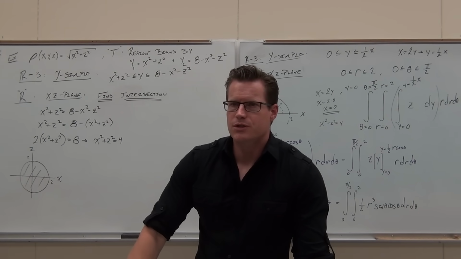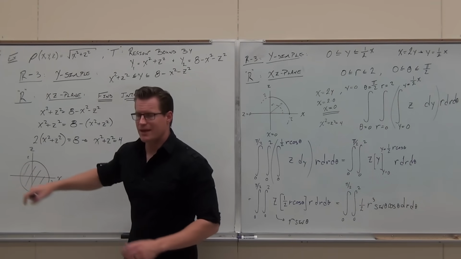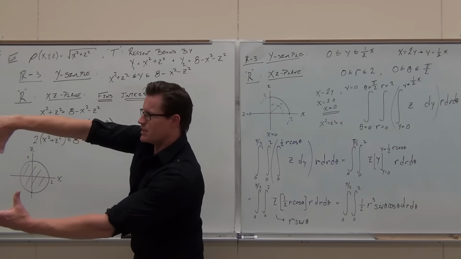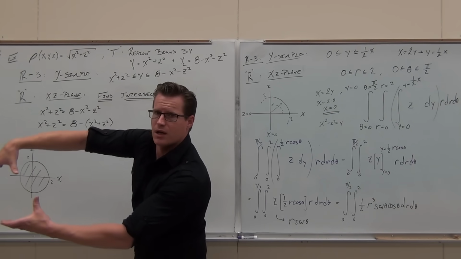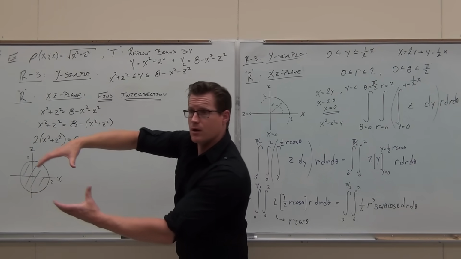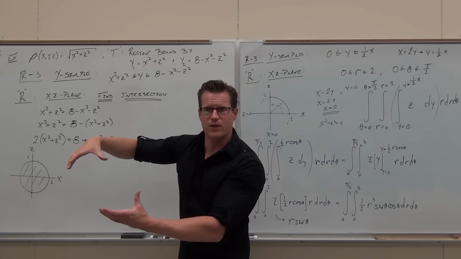Check this out. Do you remember when we found volume between two surfaces? You found the intersection. The intersection created the region. And then what I talked about was you're taking this cylinder out, you're intersecting a smaller function, and you're intersecting a larger function, and you're subtracting the volume, bottom from top. Do you remember doing that? The intersection is important for that reason.